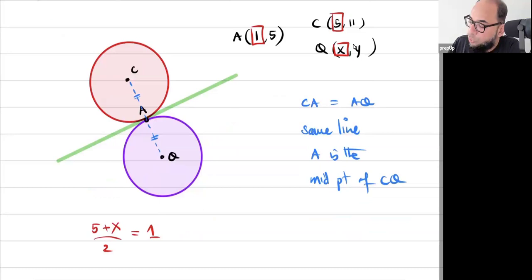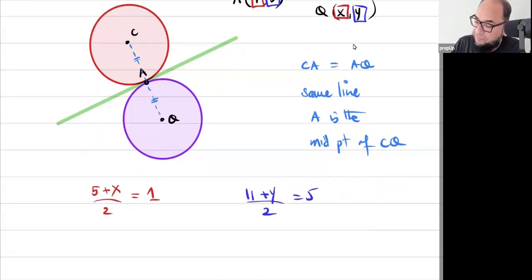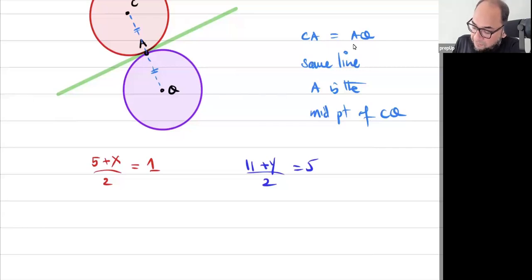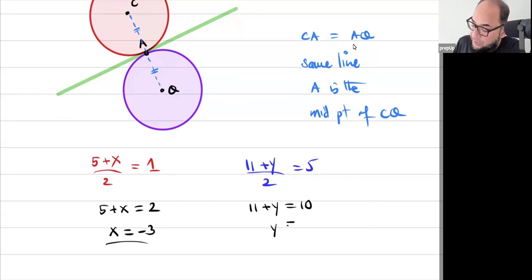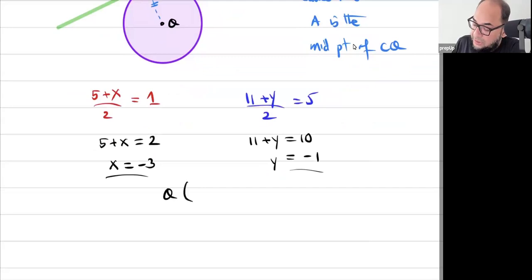This is 11, this is y, this is 5. So 11 plus y divided by 2 equals 5. Now let's solve it out. 5 plus x equals 2, therefore x is negative 3. 11 plus y equals 10, y equals negative 1. That means the center of the new circle is negative 3, negative 1. The radius is still the same, which is root 52 units.